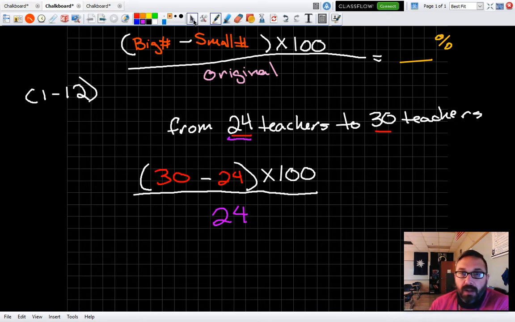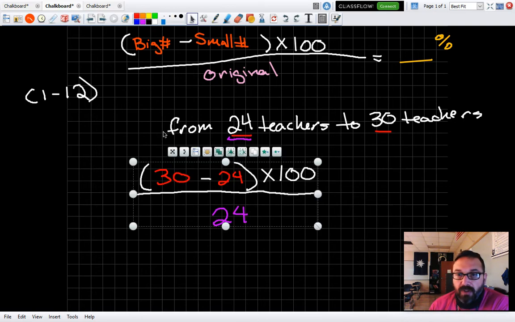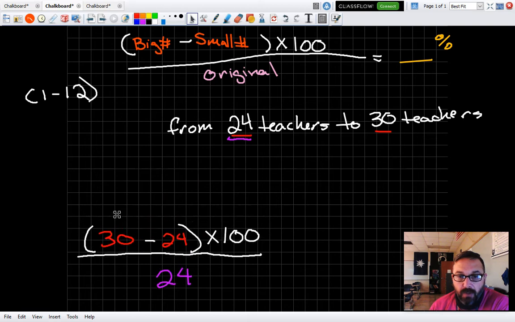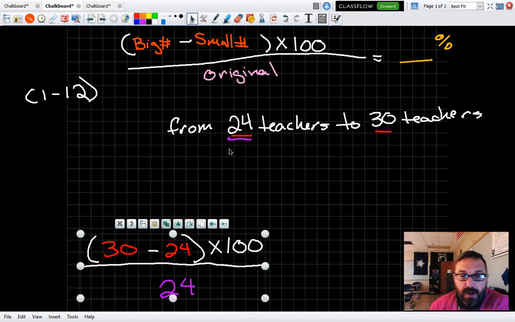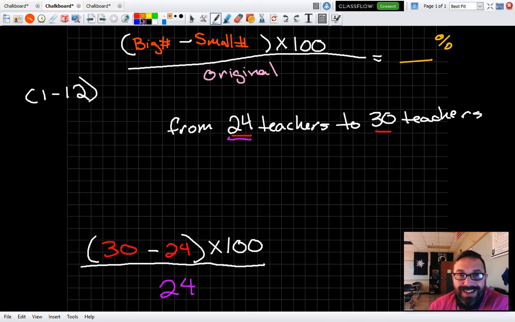Okay. Now I need to move this just a smidge so I actually have some room to work. All right. Now that we've got that down, we need to do order of operations. And if we remember correctly, PEMDAS, parentheses come first. So I'm going to work what's inside the parentheses. 30 minus 24 is 6.